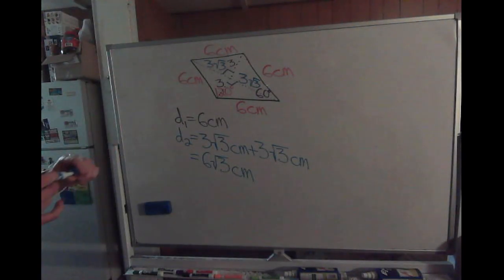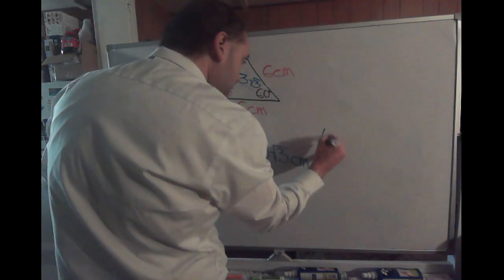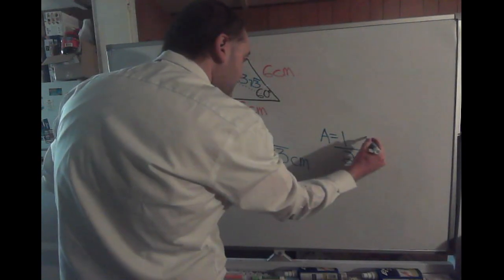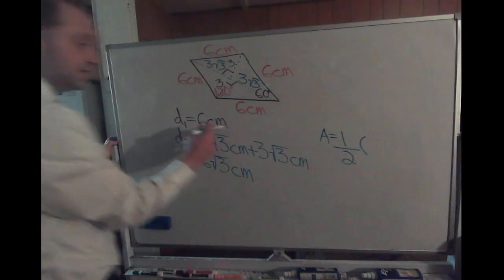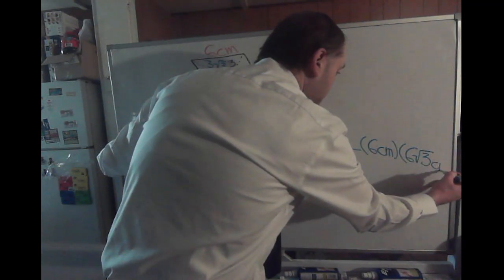And now we can find the area, which ultimately we're going to do a decimal approximation, of course. So the area is equal to 1/2 of the length of your first diagonal, which is 6 centimeters, times the length of your second diagonal, which is 6 times the square root of 3 centimeters.